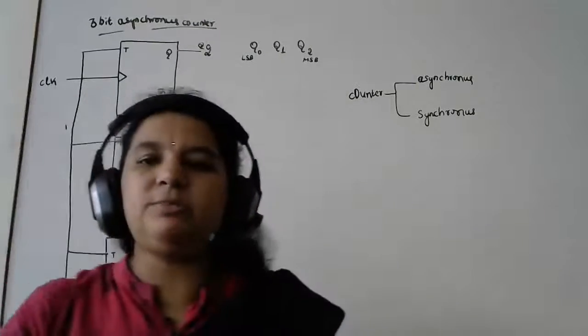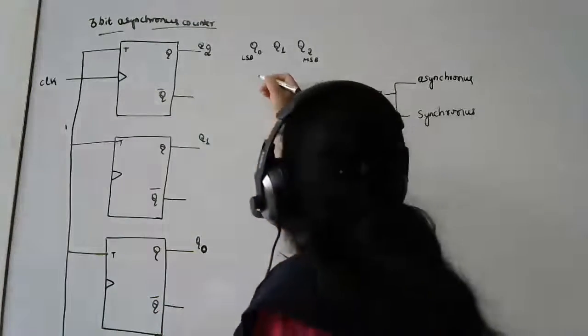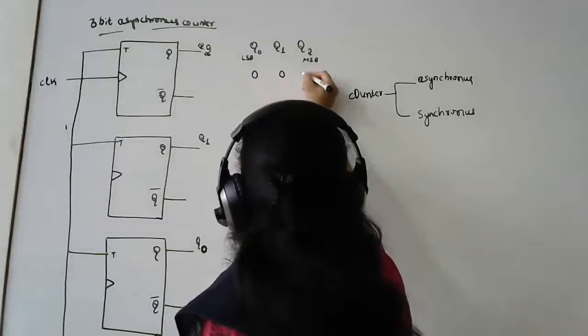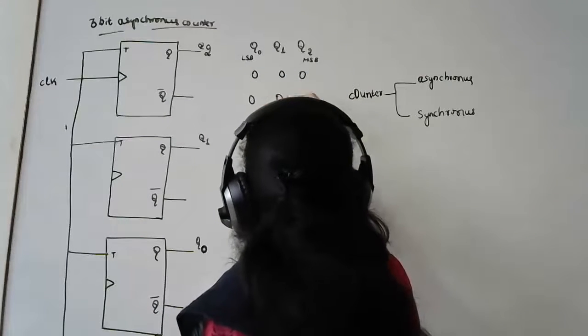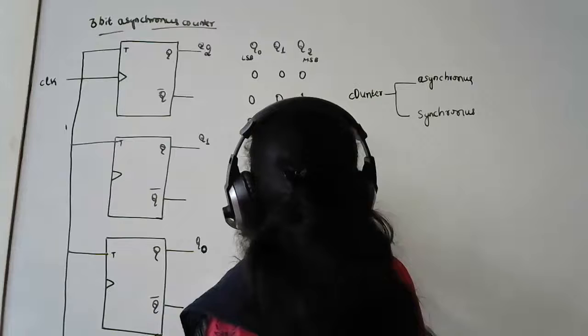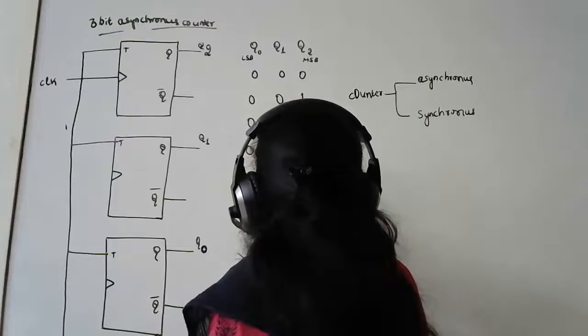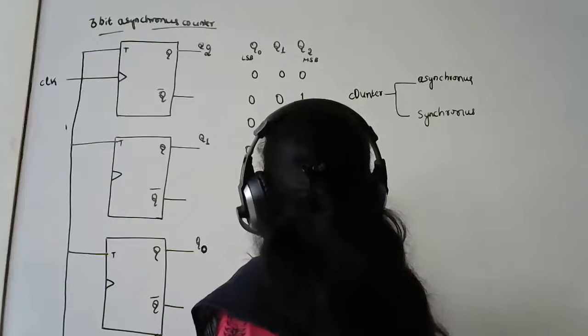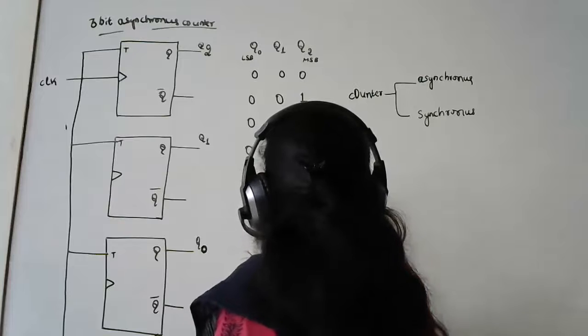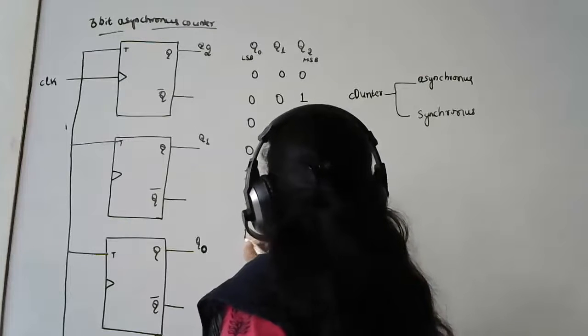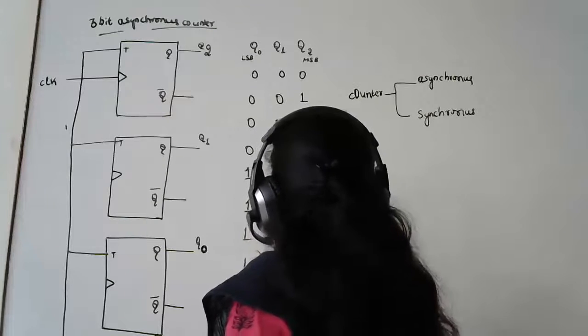So how many possible outputs are there? I should get 0 0 0, 0 0 1, 0 1 0, 0 1 1, 1 0 0, 1 0 1, 1 1 0, 1 1 1.